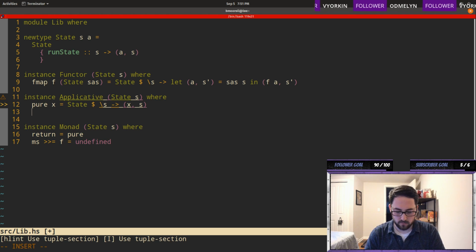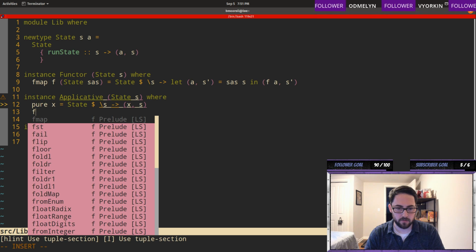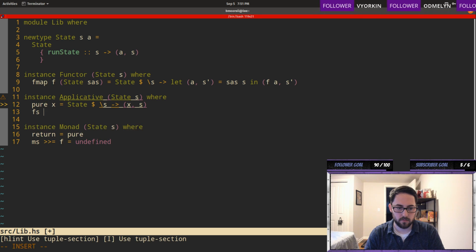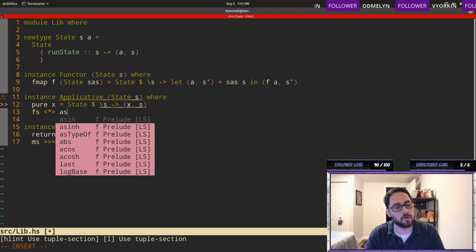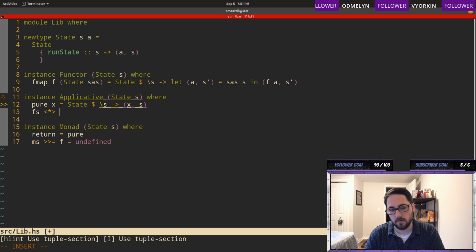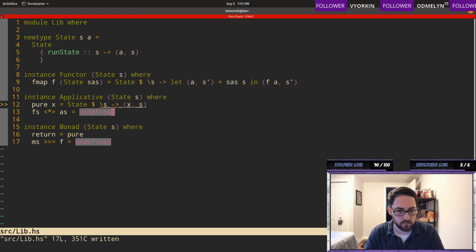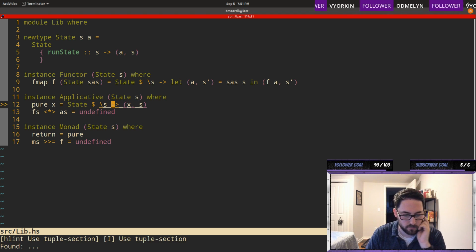And we need to have functor. Sure. Something like this.